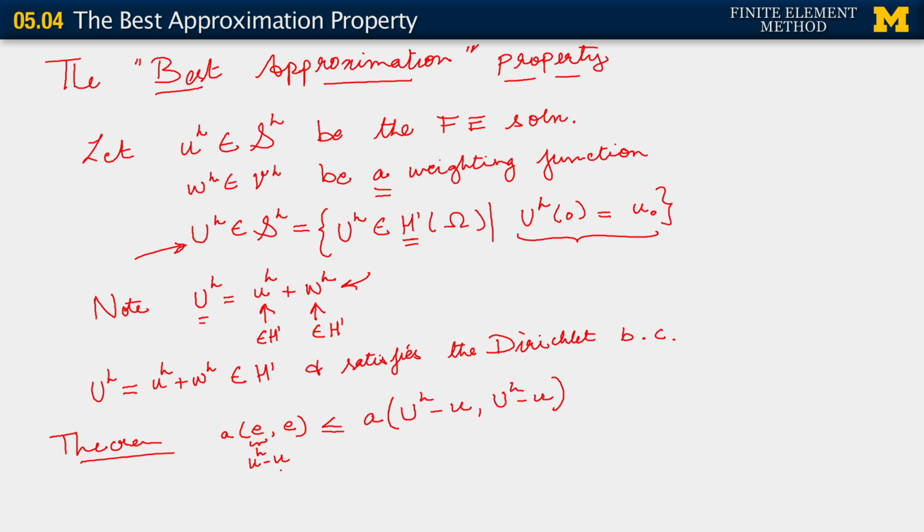Okay, so what we are saying here in this theorem statement is that the energy norm of the error is such that the finite element method has picked a member of SH to be the finite element solution, which gives us the lowest energy of any possible other member of SH.